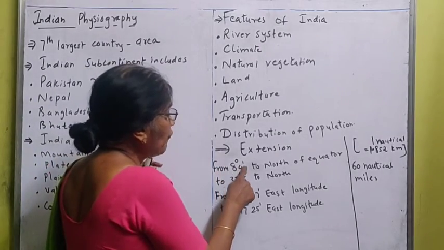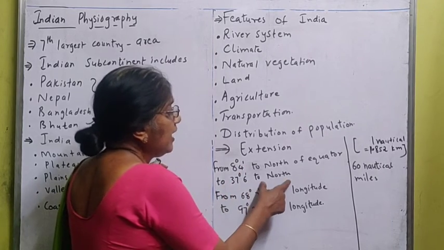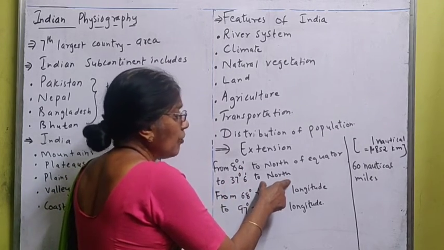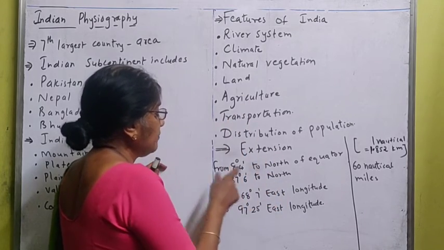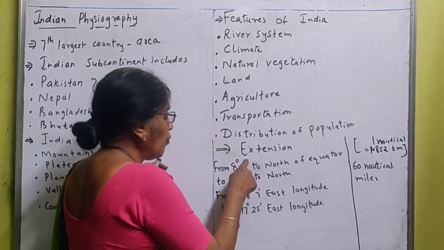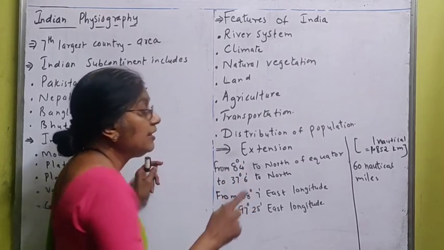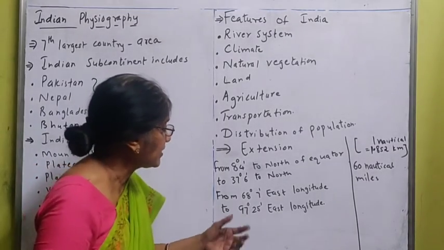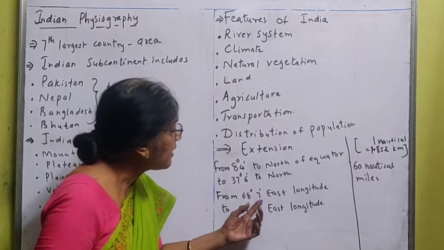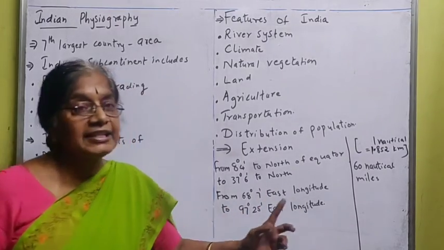India lies between 8 degree 4 minutes to 37 degree 6 minutes north of the equator, that is, latitude wise. Longitude wise, from 68 degree 7 minutes east longitude to 97 degree 25 minutes east longitude.